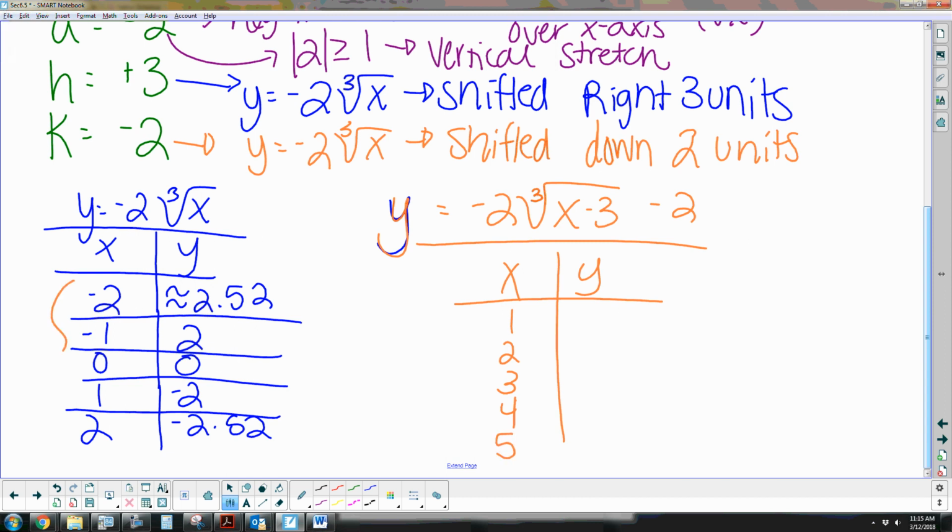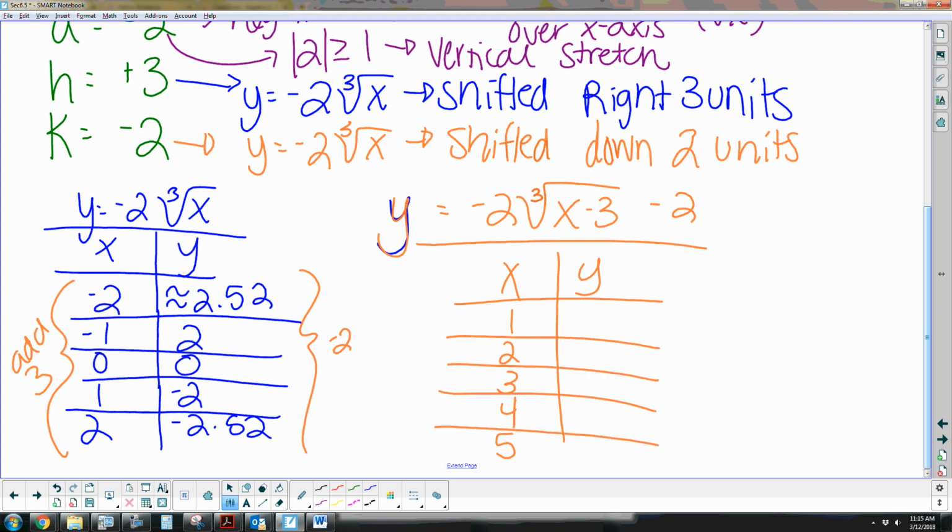So we're adding 3 to each x coordinate. And we're going to subtract 2 from our y coordinates. So (negative 2, 2.52) becomes (1, 0.52).